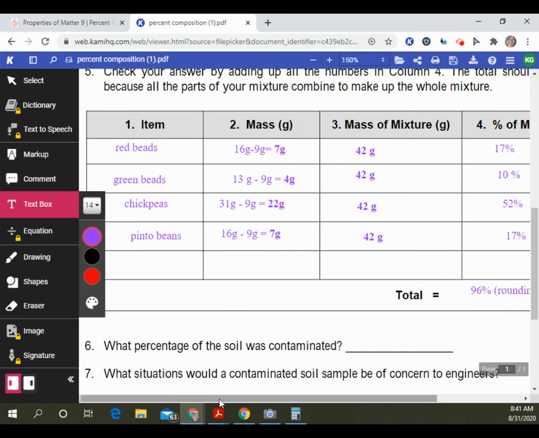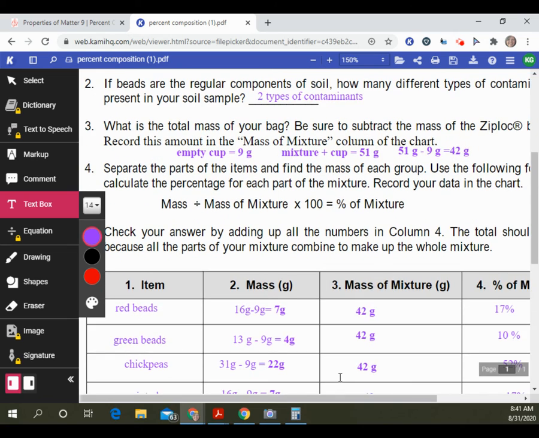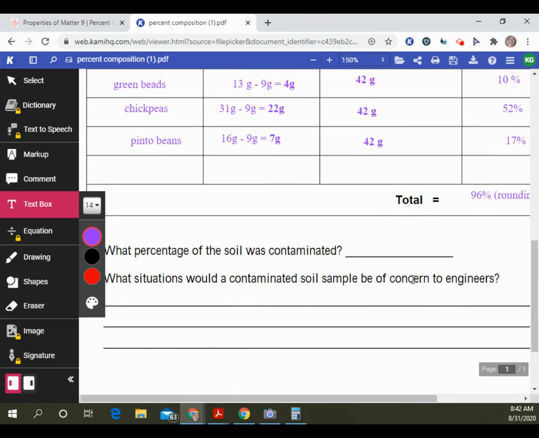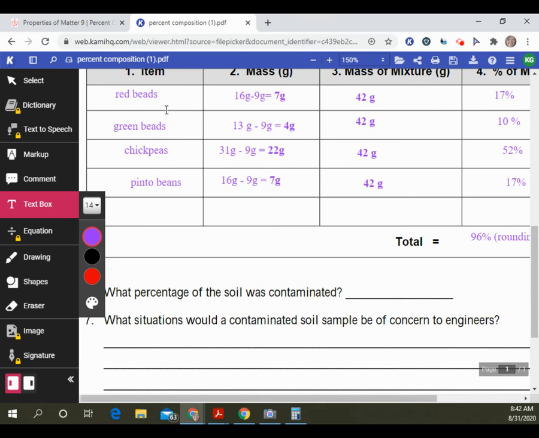Okay, well, that's all fine and good, but why would I ever use this? What percentage of the soil was contaminated? Well, that question comes out of the blue. Let's come back up and look. If the beads are the regular components of the soil, how many? So the different things are the contaminants. If we look at our beads, we only had 27%.